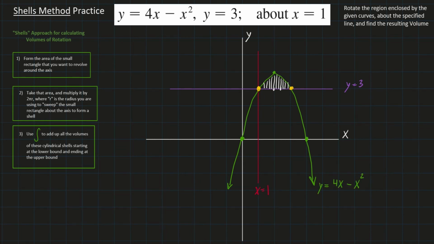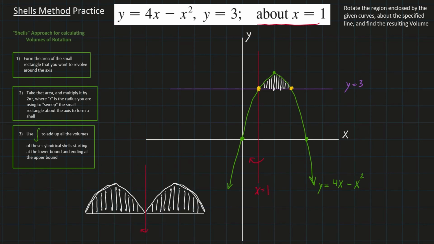So now that I've finally graphed this green curve, I can proceed with my problem. So I want to rotate this area about the x is equal to 1 line. And that will create this shape. Okay, so let's imagine some shells.